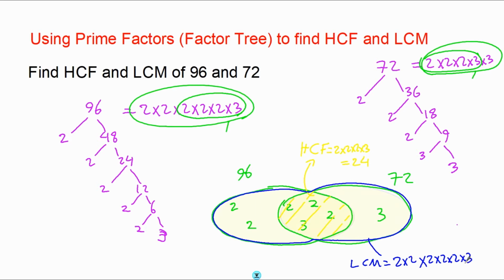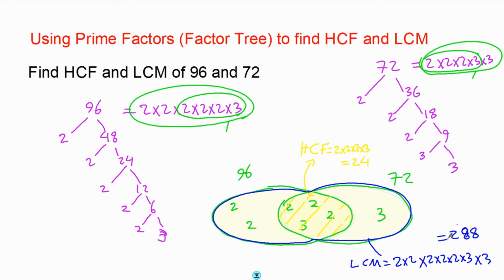And then there's a 3 on the right hand side, which is another 3. So if we multiply these together, we have 2 to the power of 5, which is 32. And then we have 9. 9 times 32 would be 288. So the lowest common multiple of 72 and 96 is 288.